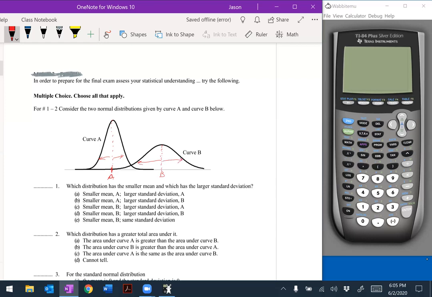So which one has a smaller mean? That would be A. Which one has larger standard deviation? That one would be B.